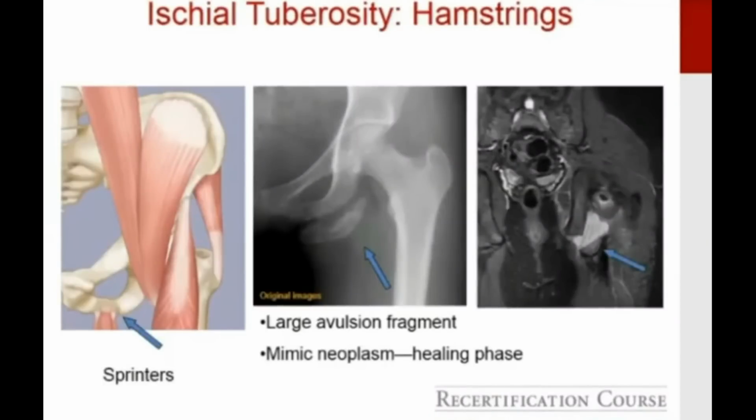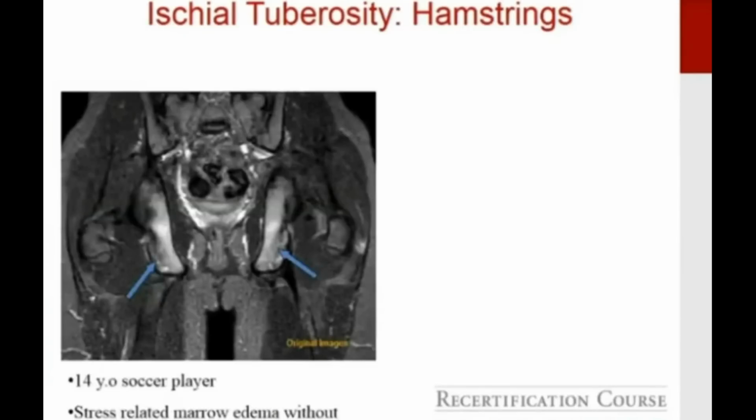With the ischial tuberosity, we often see a large piece of bone that comes with the tendon in the skeletally immature. Here we see a nice example of radiographs and MR imaging showing a large piece of cortical bone, which is displaced with fluid signal interposed between the donor site and the large fragment. When these start to heal, they can mimic neoplasm, so you want to remember that as a key.